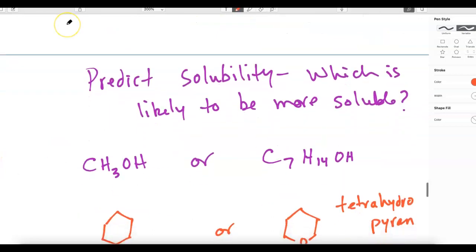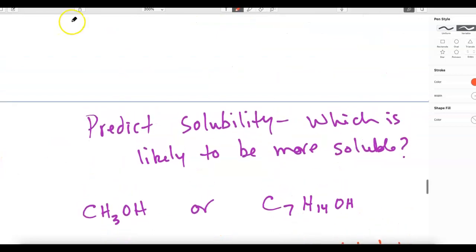Let's quickly look at some of the kinds of questions we could ask about solubility in terms of predicting solubility. Since you can't really know without actually looking at the mixing whether something is going to be soluble in something or not, you can still compare two solutes and decide which one's going to be more soluble. So here we want to know which is likely to be more soluble in water.